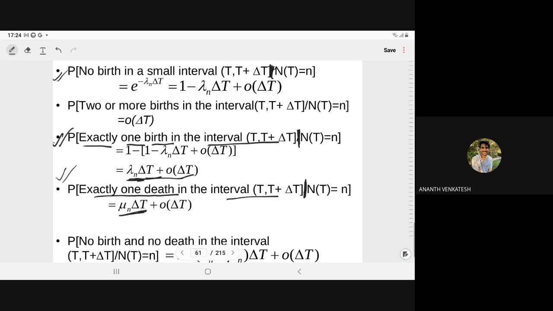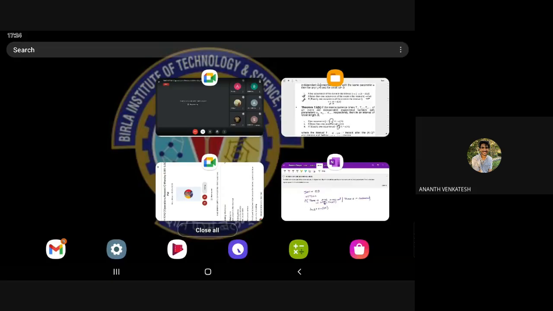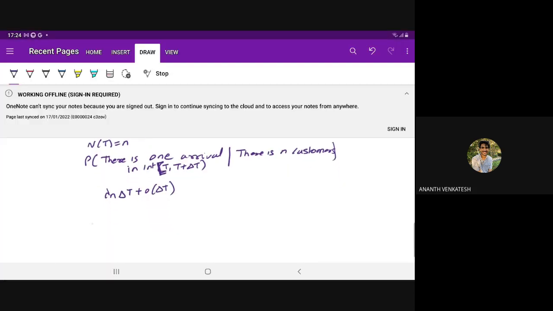Now, if I say, what is the probability that there is no birth in the small interval, in interval t to t plus delta t, given there are n customers? So there are n customers means nt is equal to n.